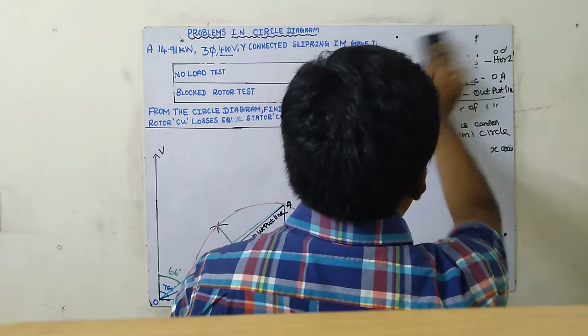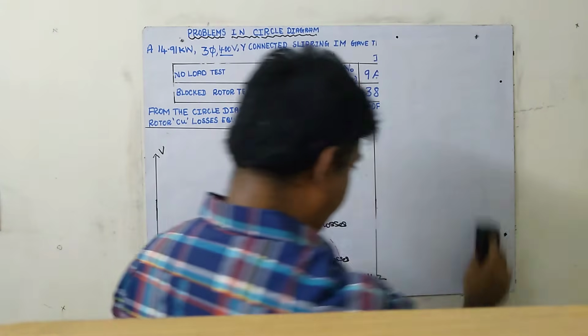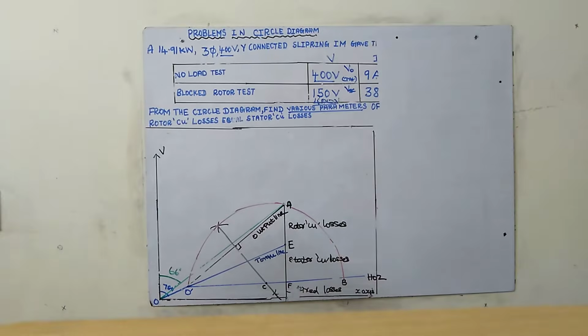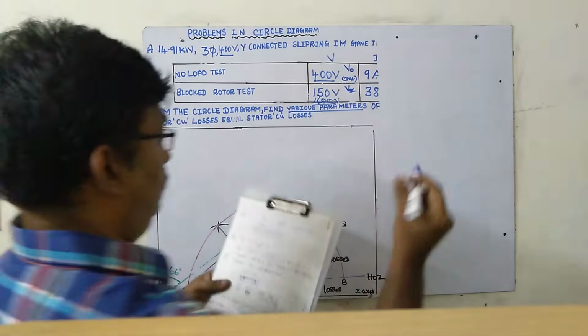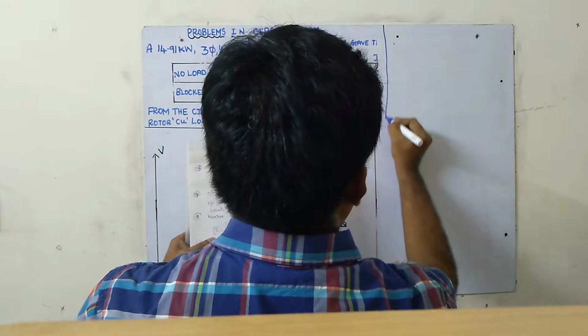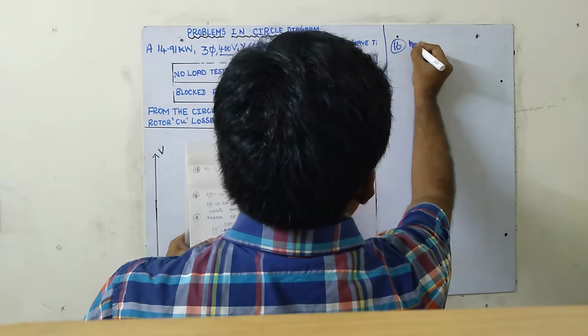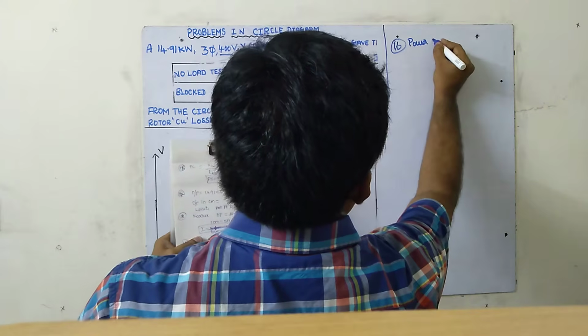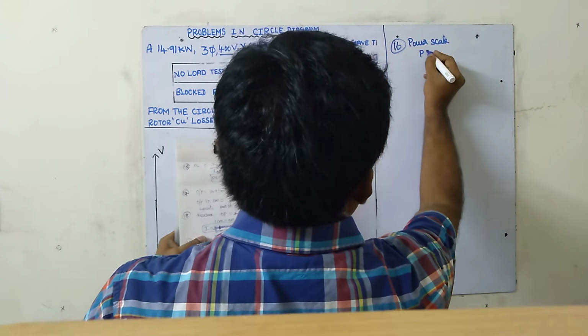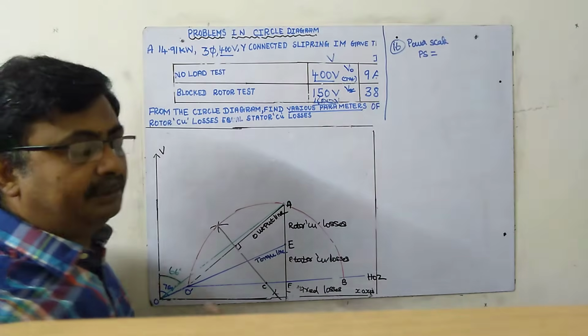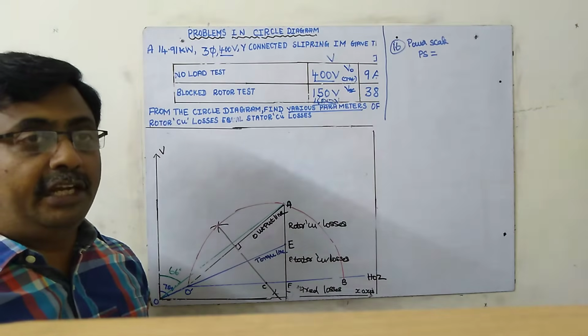Next, we have to find the power scale. This is the 16th point. I will write it as PS. What is meant by power scale? It is the WSN value per centimeter.